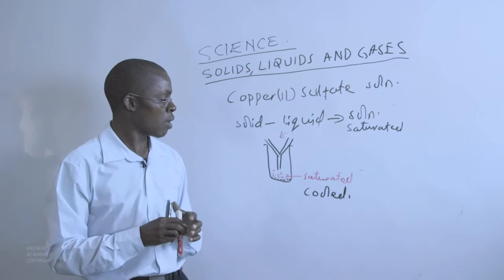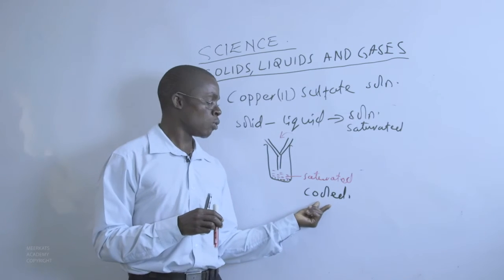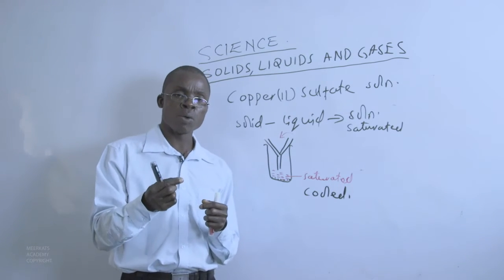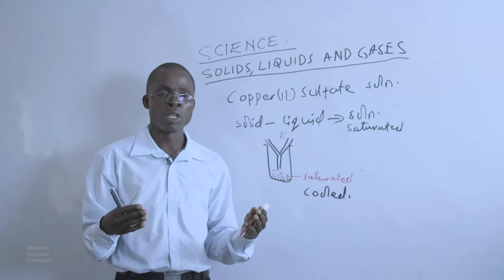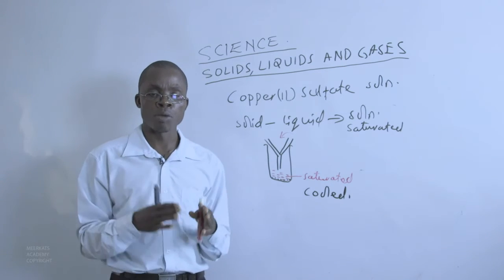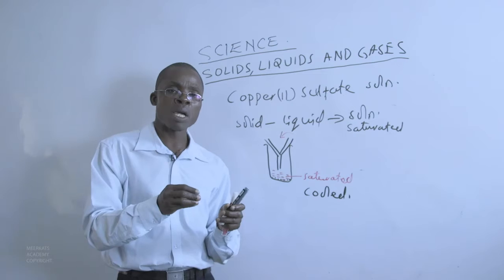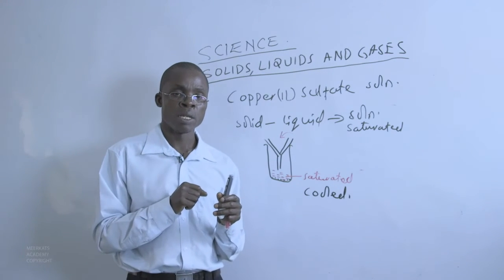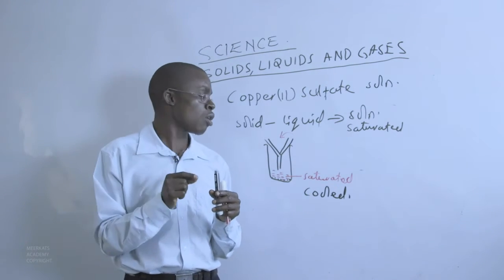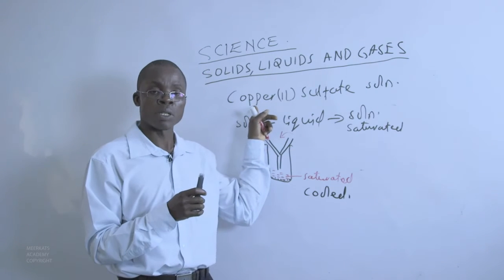But here, you are doing a cooling process. On cooling, the energy that the liquid particle had that was making it move so much has been withdrawn. So it makes the particle less mobile. In so doing, it comes to occupy the previous space it occupied when it had less energy, which is at the moment being occupied by a solid, which is copper 2 sulphate.